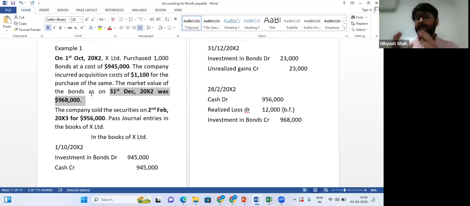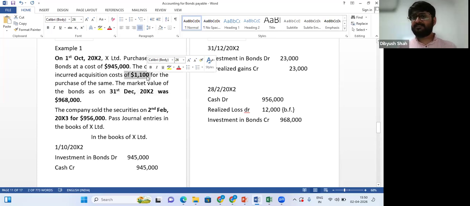Now, let's just recap the rules. First, the rule says any transaction cost associated with the acquisition of these securities will be expensed to P&L immediately. So this $1,100, the transaction cost, will be written off in P&L. It is not going to balance sheet.